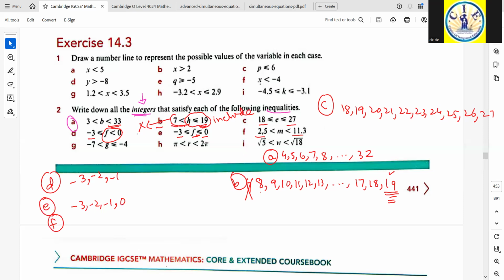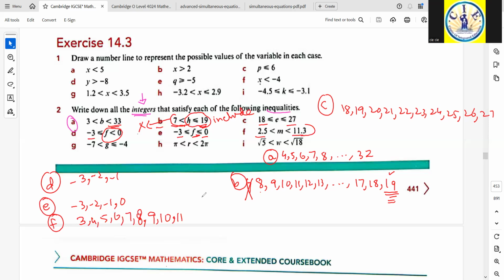So 2.5 is lesser than m. That means m itself is greater than 2.5. So after 2.5, the next integer is going to be 3. So you need to start from 3, then 4, then 5, 6, 7, 8, 9, 10. And the value of m should be lesser than 11.3. So the maximum integer is 11. So this is how we need to do it.